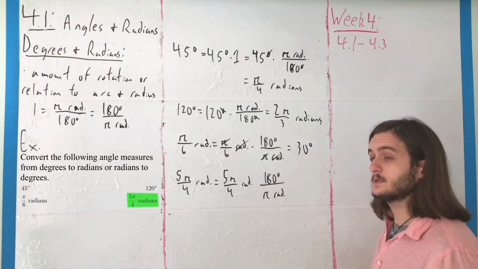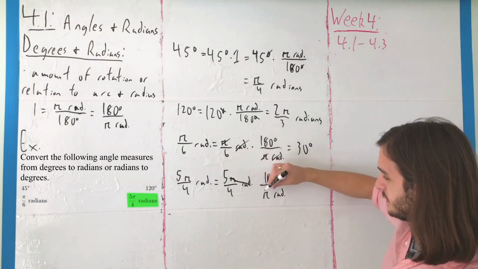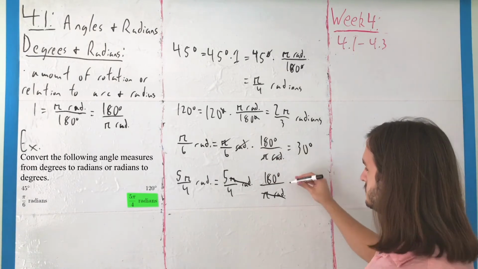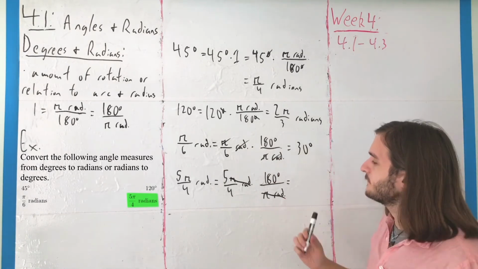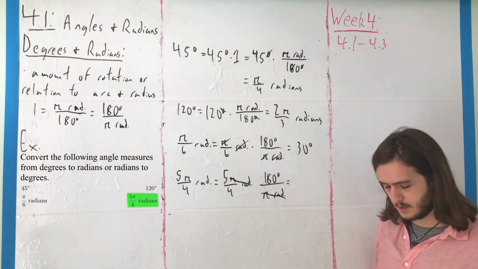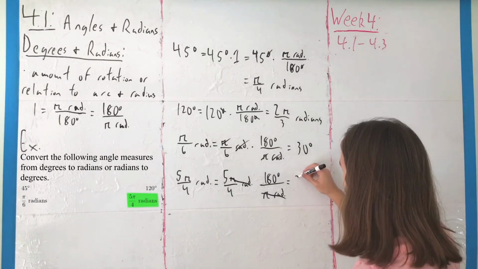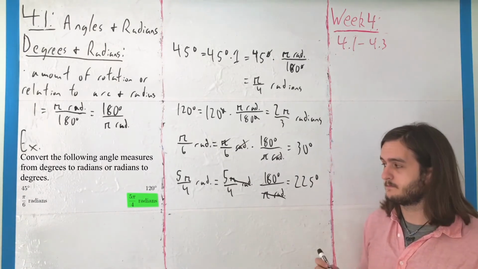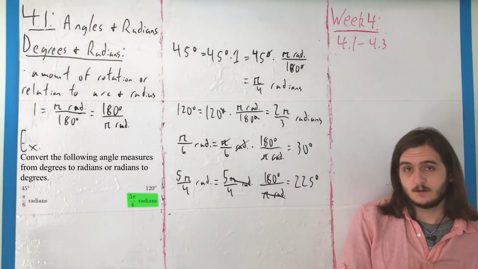In this case, we're going to succeed. Pi and radians hits pi and radians, so we have no more of either. And we're left with 5 fourths times 180 degrees, which simplifies down to 225 degrees, illustrating that connection in the other direction.